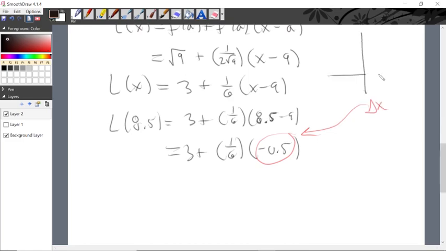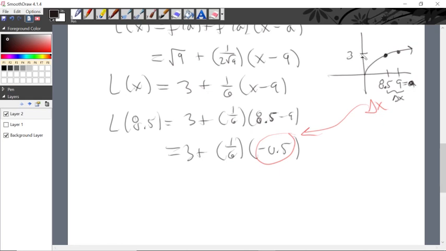All right, so we go back to the picture. If this is 9, 3, not to scale, then if we look to the left to where we find 8.5, this is A right now. This was the fixed value. Then our delta x is actually negative, so we are to the left of the fixed value A. We're trying to find out what this value is going to be off of the curve.